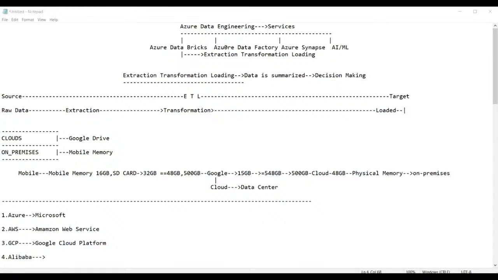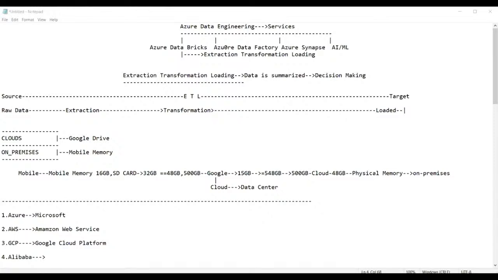Is there any combined batch for both Databricks and Data Factory? See, the Data Factory batch is in the morning at 7 a.m. and started today itself along with you, and Databricks is at this time. Combined batch means these are two different services, so I teach them differently.